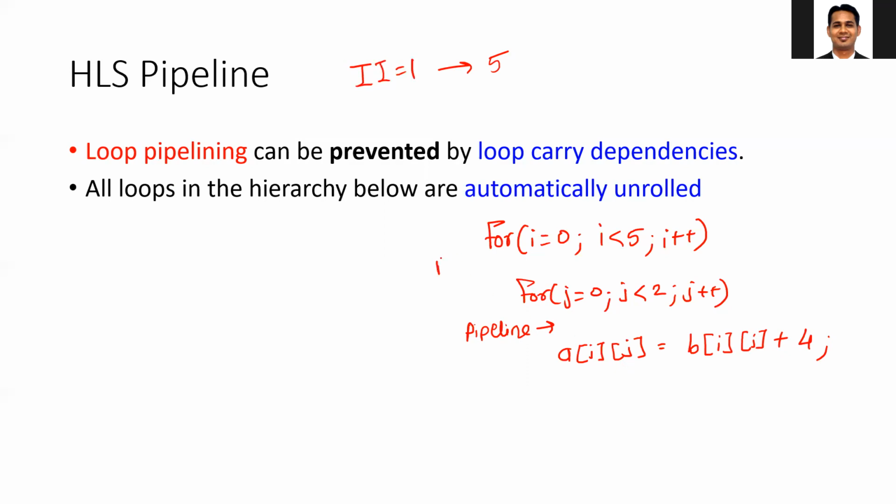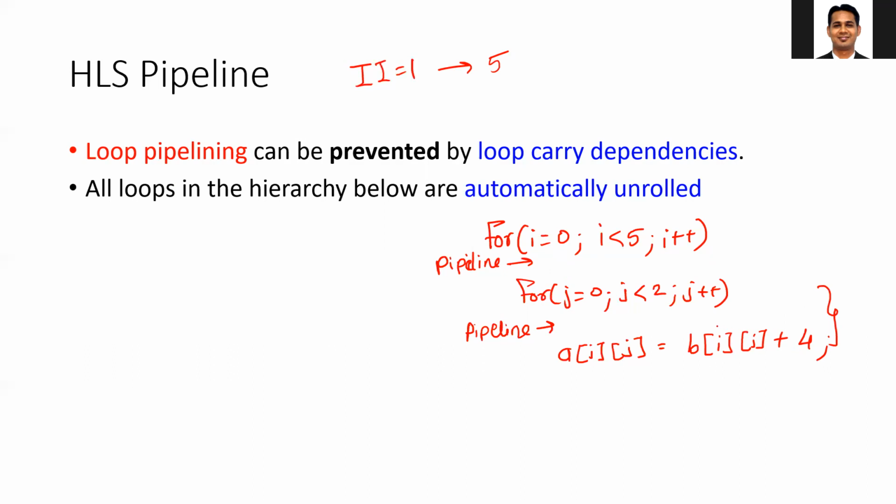But when you add the pipeline at the i loop, then you are trying to start the next iteration of i as early as possible. So to enable that, you need to parallelize this operation. Only then will you be able to complete all the iterations of j as early as possible.